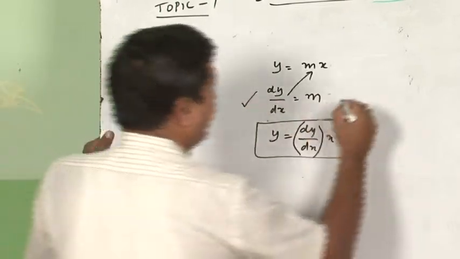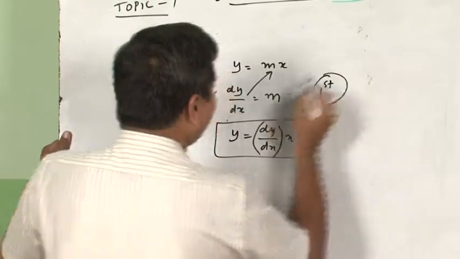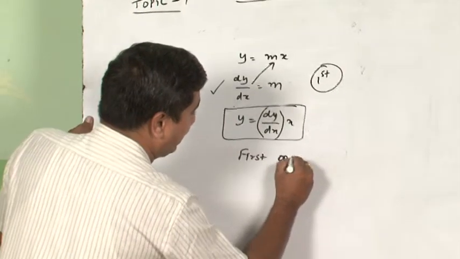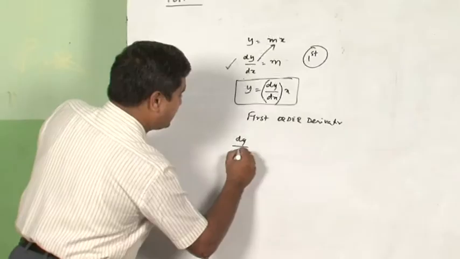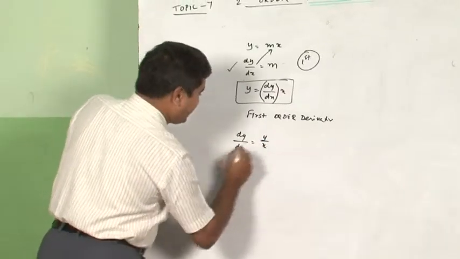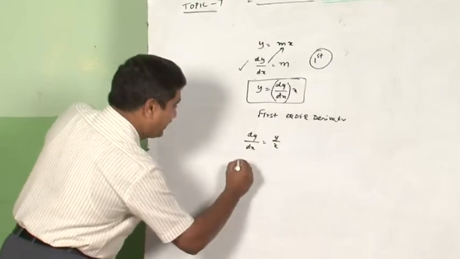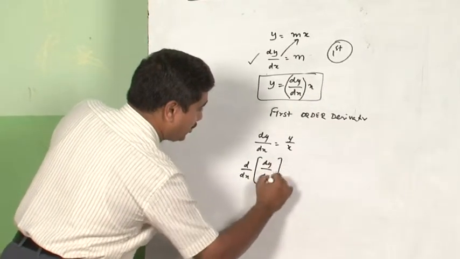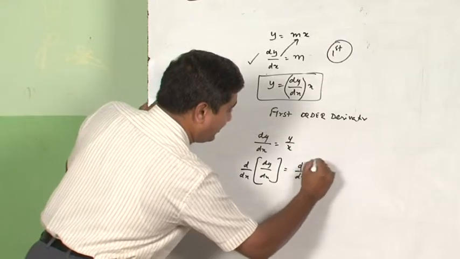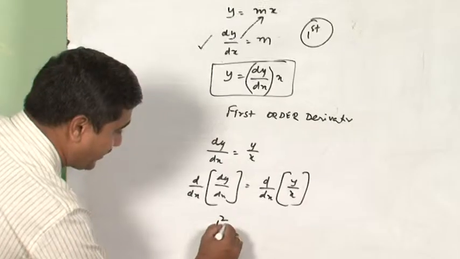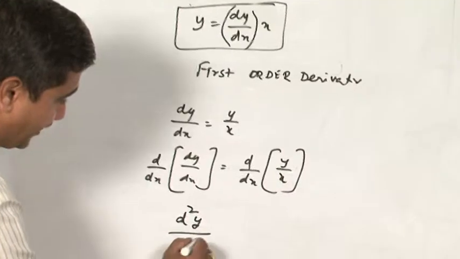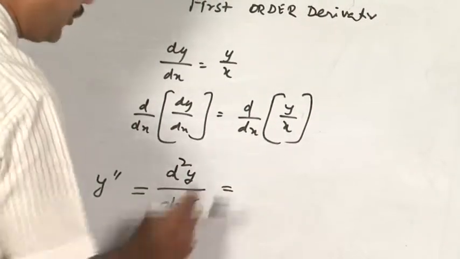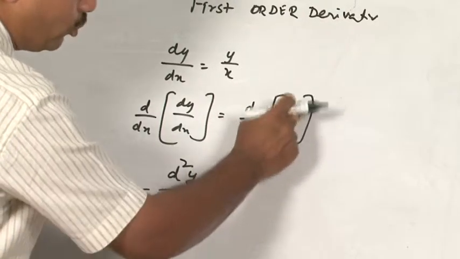Once you differentiate, the first differentiation gives you the first order derivative. Then dy by dx is equal to y by x. You differentiate both sides once again, that is d by dx of dy by dx is equal to d by dx of y by x. d square y by dx square, which of course we can write as y double dash also, is equal to d by dx of y by x, using the u by v rule.